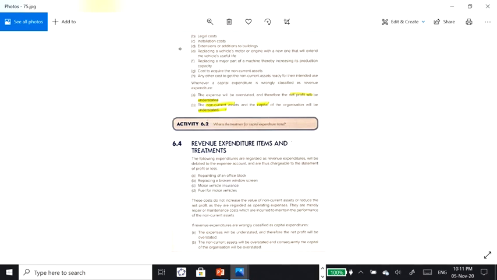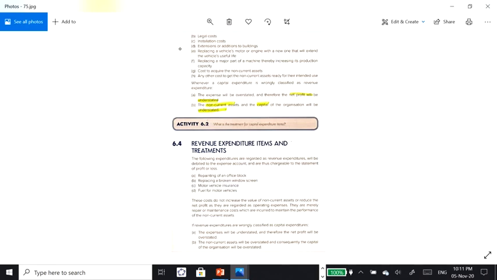So, sekarang kita tengok kalau revenue expenditure, kita akan masuk dia this one yang 6.4 tu. Okay, treatment dia. The following expenditure are regarded as revenue expenditure will be debited to the expense account and are thus chargeable to the statement of profit and loss. Semua yang revenue expenditure tu kita akan klasifikasikan dia sebagai expenses.